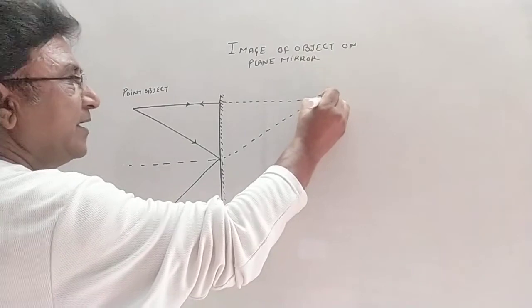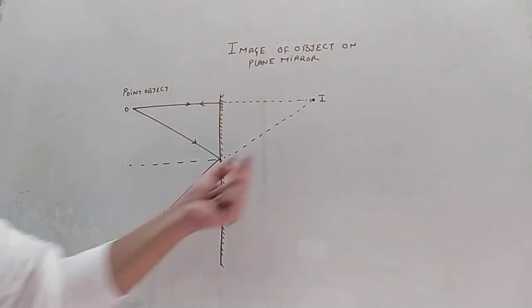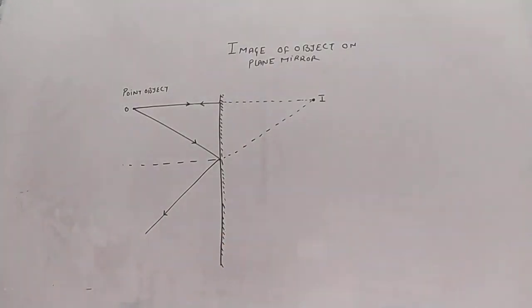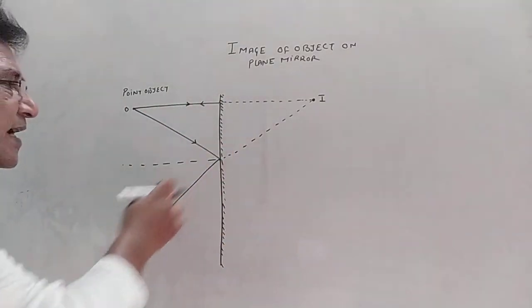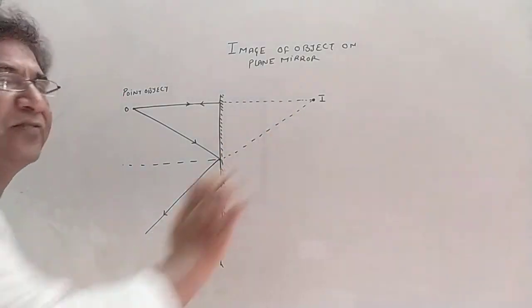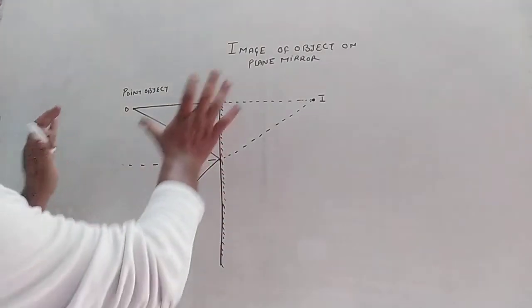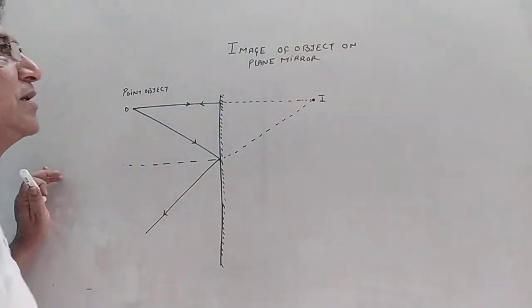So we form an image. This is a point object, it will form a point image. But as the two reflected rays are not actually meeting but appear to meet, they will form a virtual image. Okay, remember that.